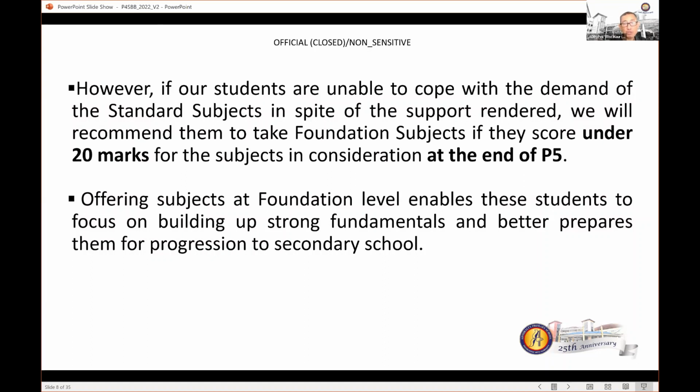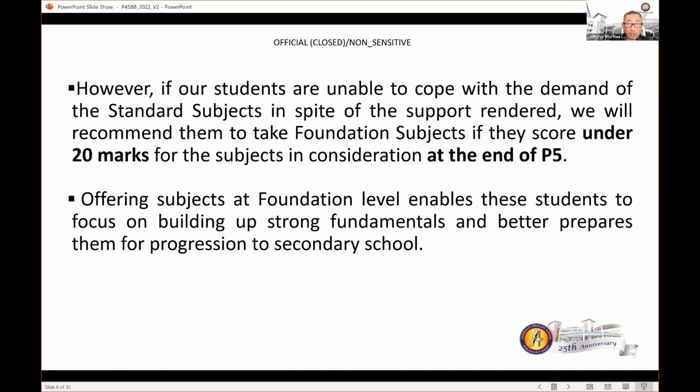But if not, we generally look at the child's performance at the end of P5 and then make a decision as to whether the child should continue taking standard subject in P6. Of course the cutoff point is 20 marks, but we also give some leeway: if the teachers feel that given another few more months, the child might be able to brush up on the foundation in the subject and score better than 20 marks, then the teachers might recommend the child stay in the standard subject.